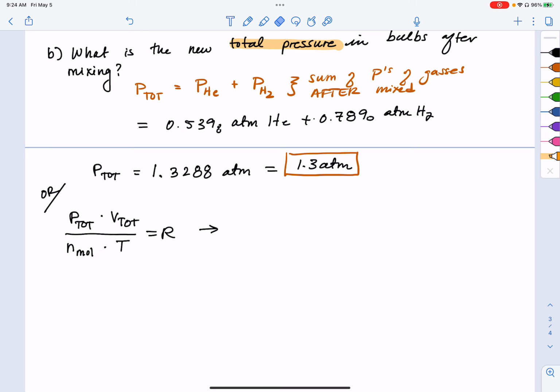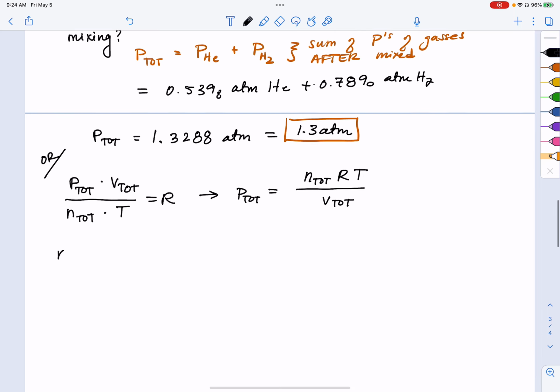If we wanted to rearrange for total pressure, this would become total moles of gas times R times T over total volume, where n total is going to be the sum of the moles of hydrogen and the moles of helium.